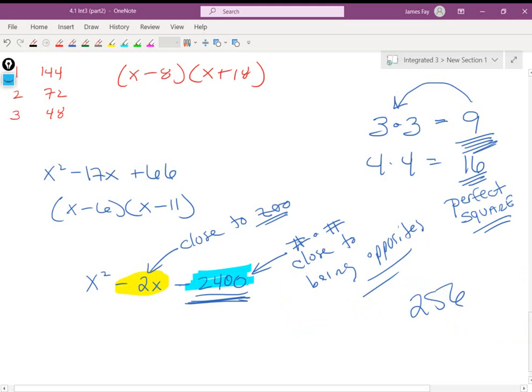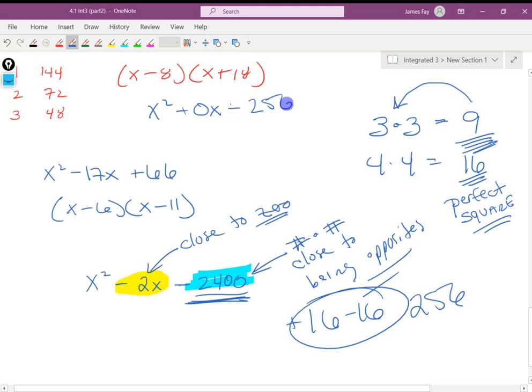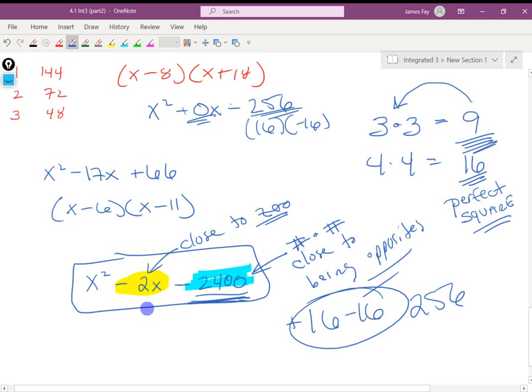So it would give me 16 and 16, and if one of those is positive and one negative, those would add to 0, right? So if I had x squared minus 0x, or plus 0x, doesn't matter, minus 256, then I could go 16 and negative 16. Those are two numbers that multiply together to give me that and add to give me that. This is different because it's not 0 there in yellow, but it's close to 0.